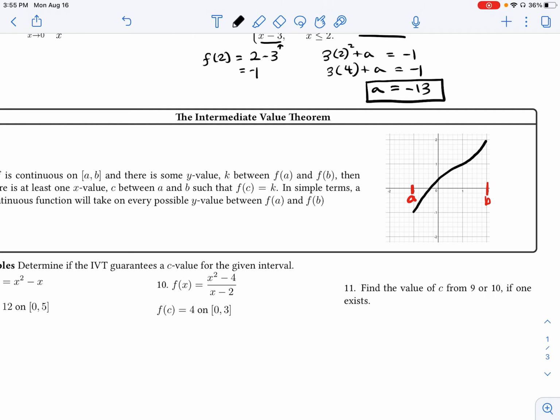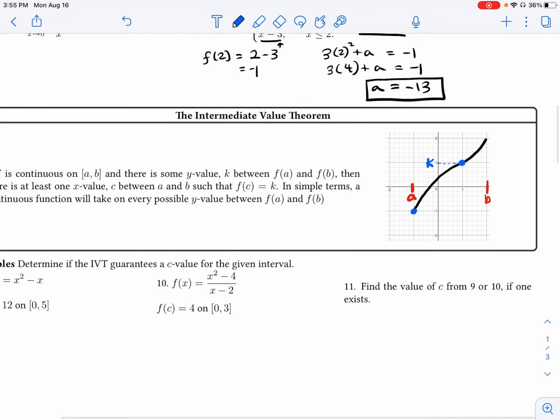The intermediate value theorem says that if this function is continuous on this closed interval, and there is some y value, which we'll call k, that is between f of a, so we'll call this f of a, and f of b, then there must be at least one x value, which we'll call c, that produces k.